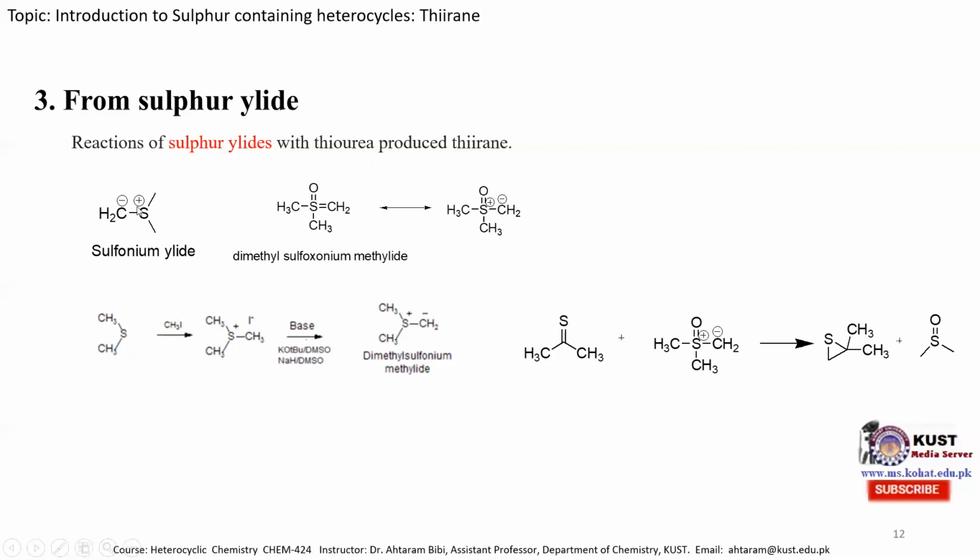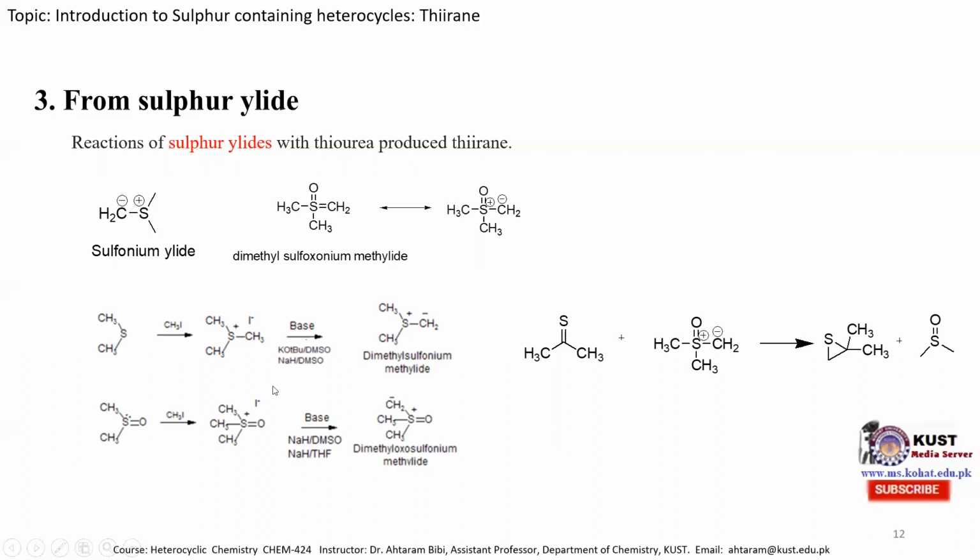This dimethyl sulfonium methylide can be obtained by treating dimethyl sulfide with methyl iodide in the first step to produce this salt. And this salt is generally treated with a base to produce the dimethyl sulfonium methylide. The base used in this case is potassium tert-butoxide or sodium hydroxide using DMSO solvent.